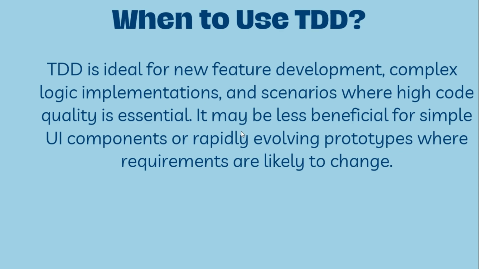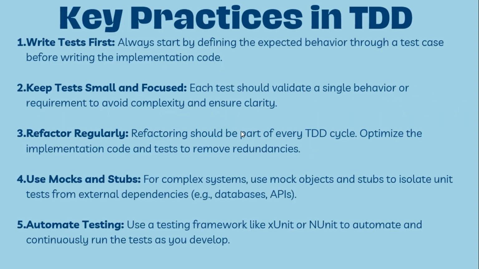But in this kind of scenario where you have complex logic for some kind of calculations, you can use this TDD approach. And where high code quality is essential, for example, your code quality must be at a very high level, there should be no code quality issues, loosely coupled code should be there, and test case coverage might be a certain percent, in that kind of scenario we should use test driven development, right?